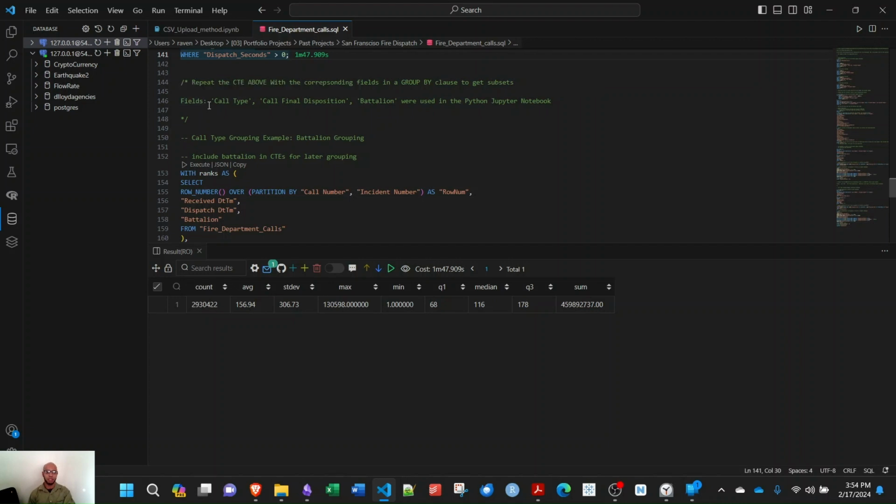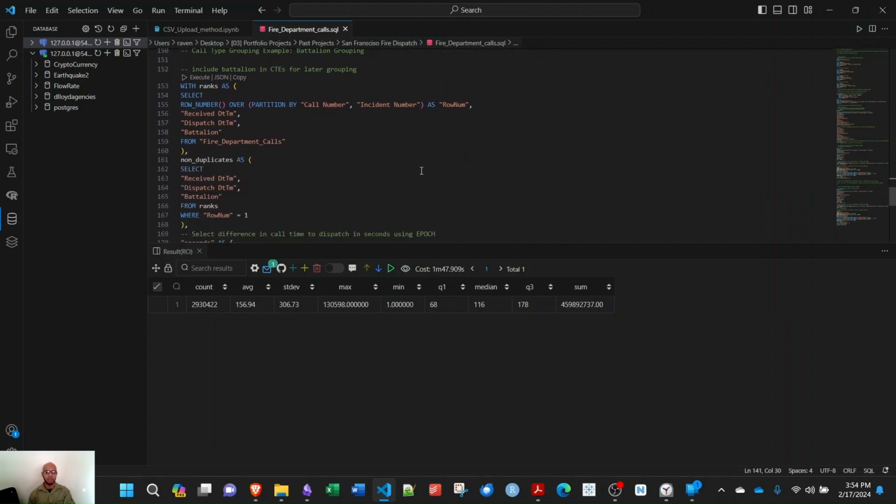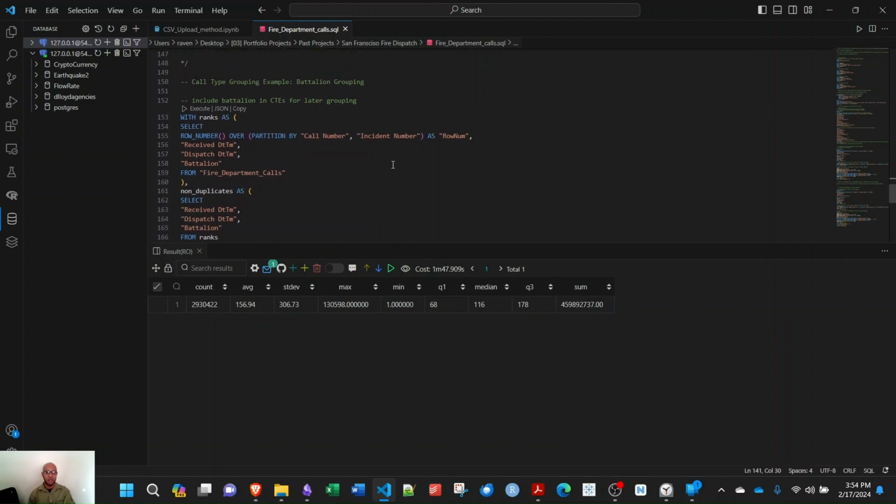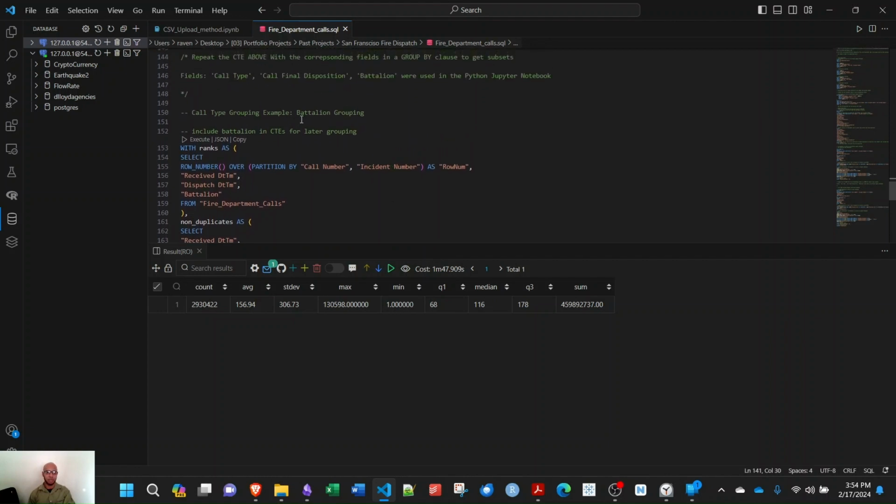For my Python project, I was looking at groups by call type, call final disposition, and battalion. Since these queries take a hot minute, I showed an example using battalion. That said, replace battalion with any other field you wish to group by, and you'll get the same results.